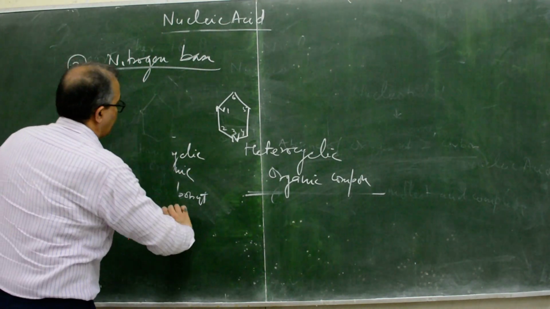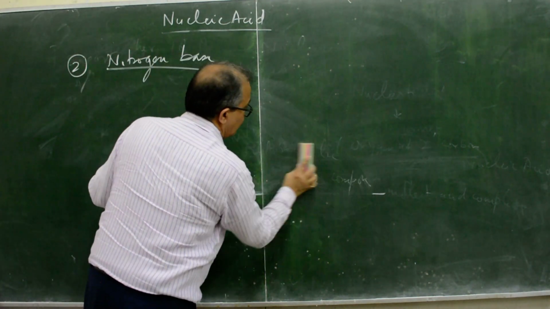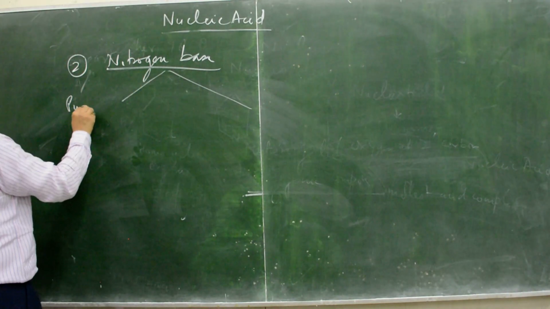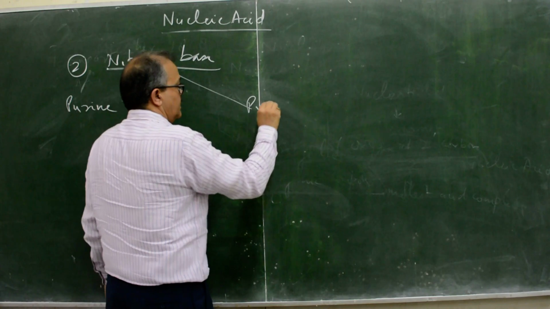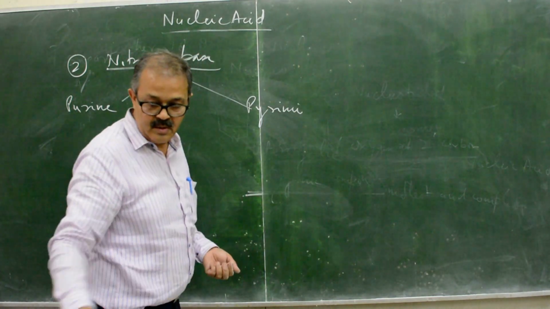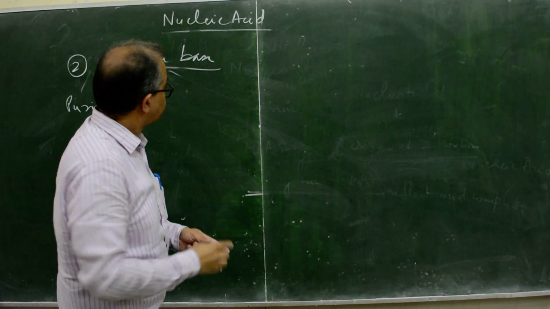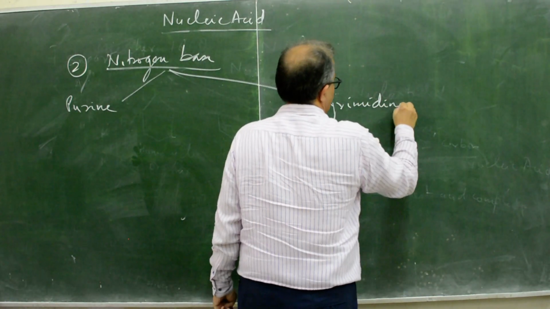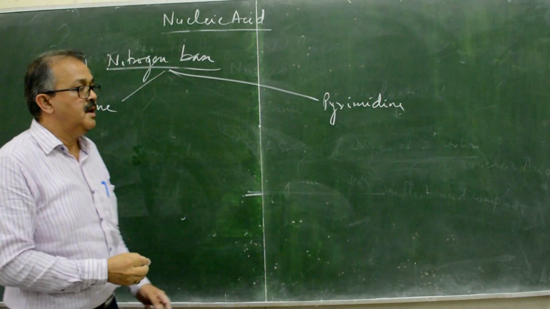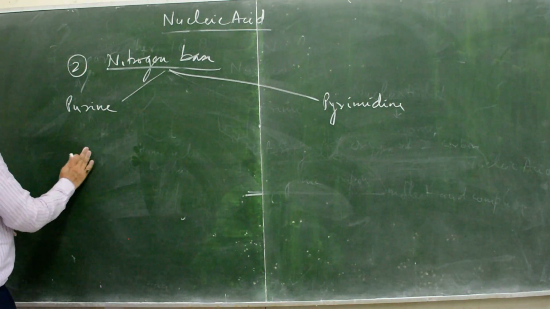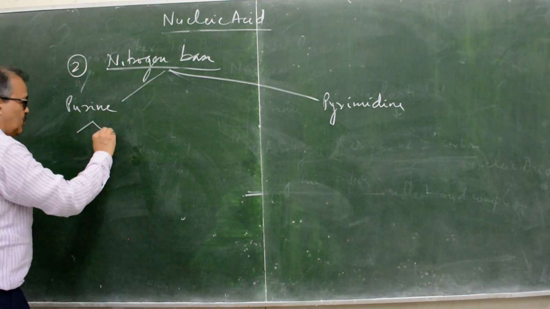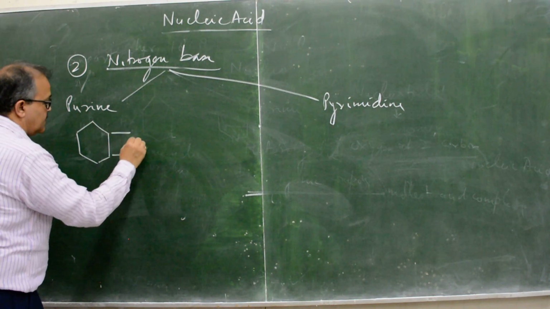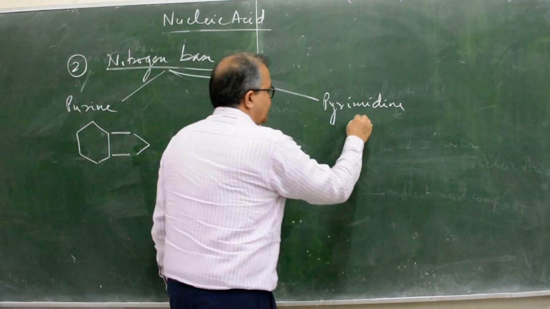The nitrogen bases are of two types, purine and pyrimidine. You must remember that the purine has two fused rings, while the pyrimidine has a single ring.